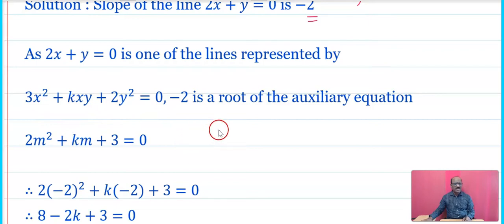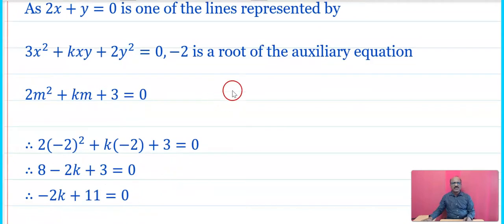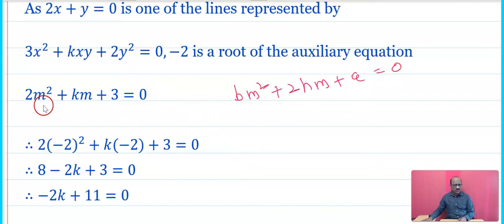How is it converted? Divide the whole equation by x square, and then you will get the auxiliary equation of the form bm square plus 2hm plus a is equal to 0. The value of b is here 2, the next is 2hm, where 2h is k, and plus a, the value of a is 3 here.